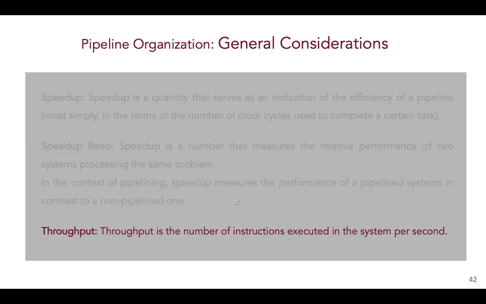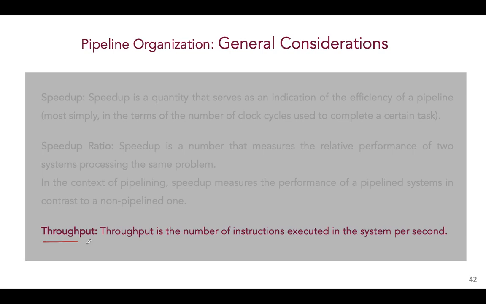Finally, we have throughput. Throughput is something that you generally might have heard in other contexts as well, so it's not a concept that's specifically relevant to only pipelines. In computer systems, throughput is a metric that's measured for many different objectives.